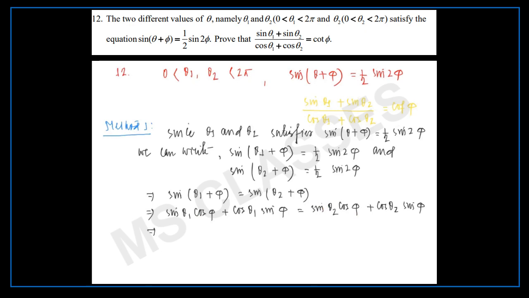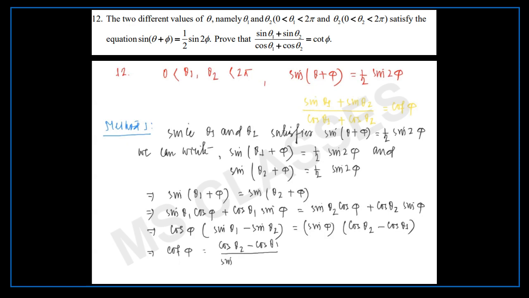So we take cos phi common, and we write sin theta 1 - sin theta 2 = sin phi common times (cos theta 2 - cos theta 1). Now we can take sin phi to the left, and we can write cot phi = (cos theta 2 - cos theta 1) divided by (sin theta 1 - sin theta 2).